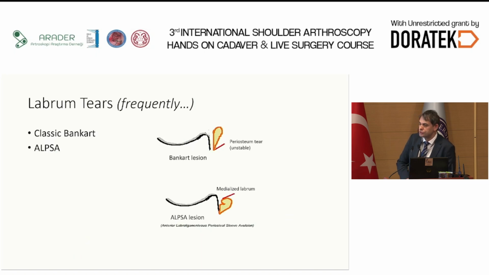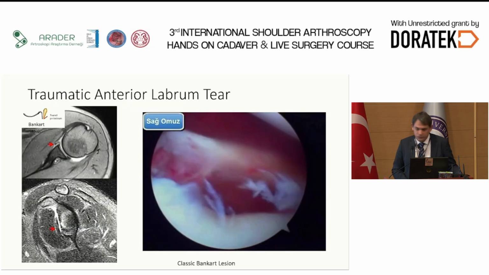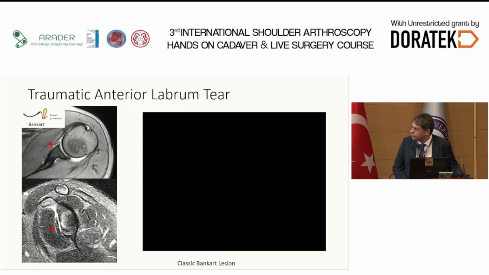These are the 2 most seen tear types. Bankart lesion with periosteal avulsion, this is an unstable labral tear, or medialized labrum, ALPSA lesion. This is the most often seen labral lesion, the traumatic anterior labrum tear.